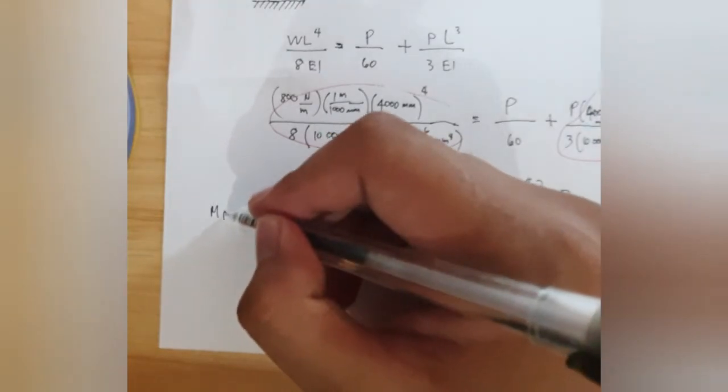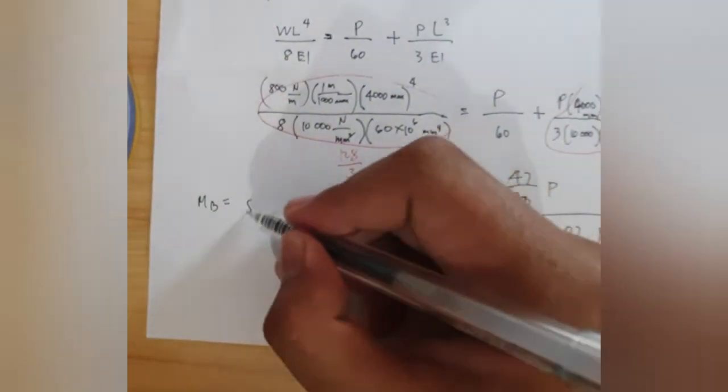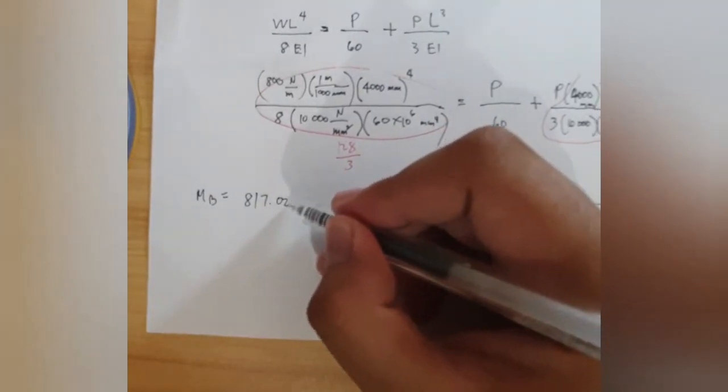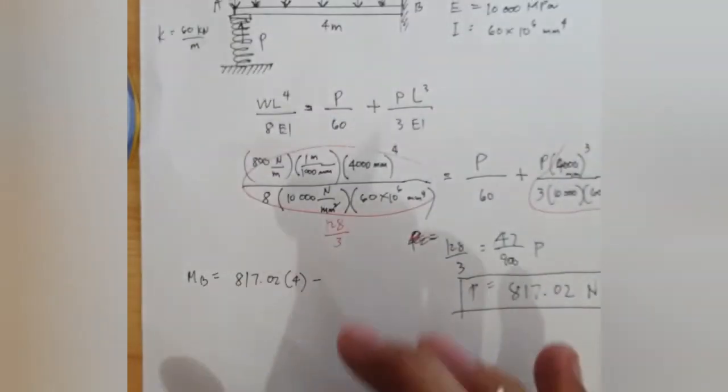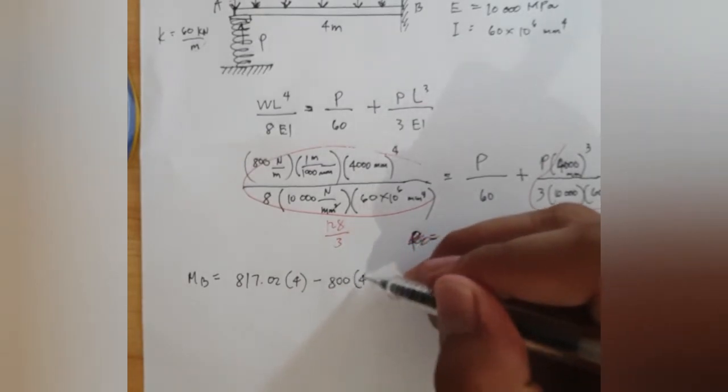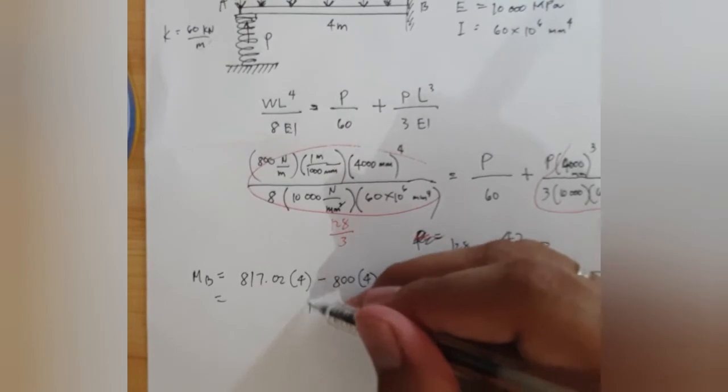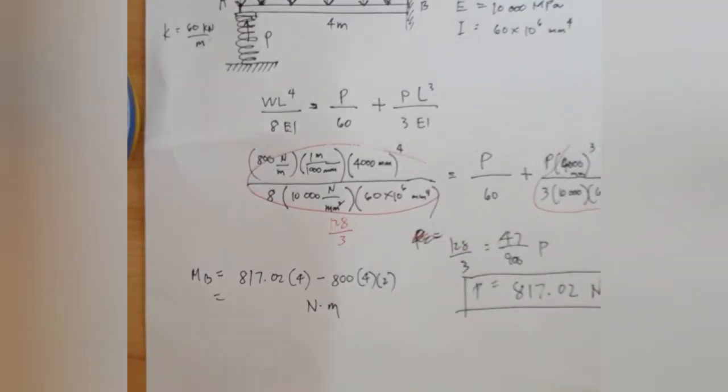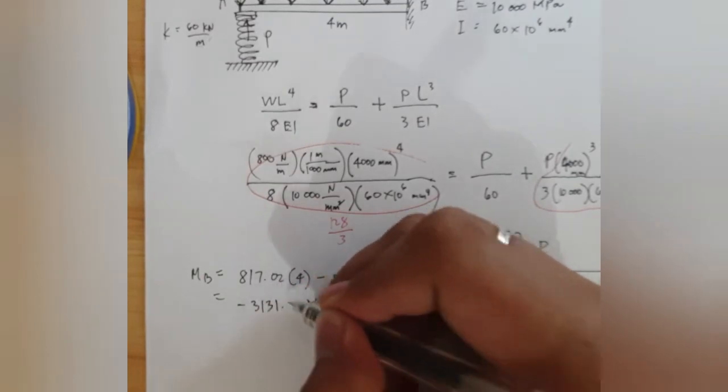That is 817.02 times 4 minus 800 times 4 times 2, in newton meters. On the calculator, we have negative 3131.92.